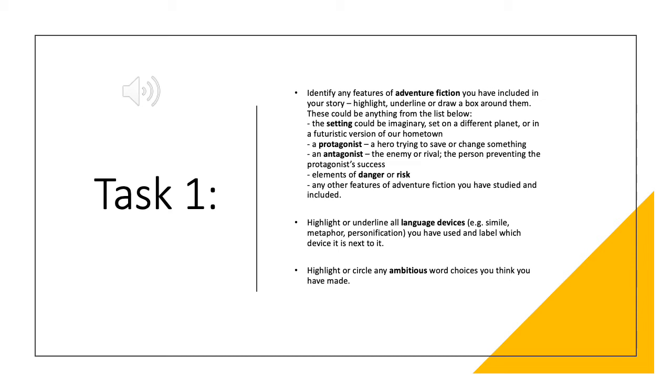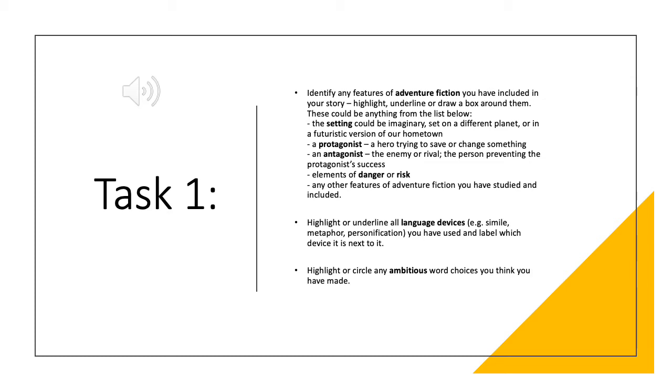Okay, when you've done that, you then need to highlight or underline all language devices. So you're looking for similes, metaphors, personification, onomatopoeia, all the things that we have looked at before in English. So you have a look through any that you have used, label and annotate what device it is next to it. You might want to pause now to do that task.